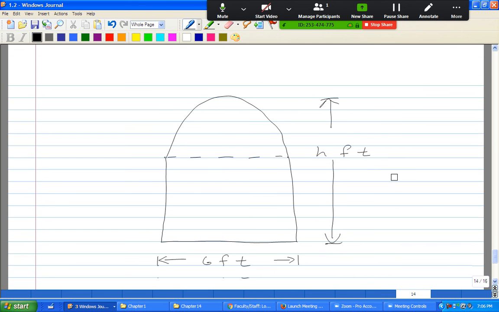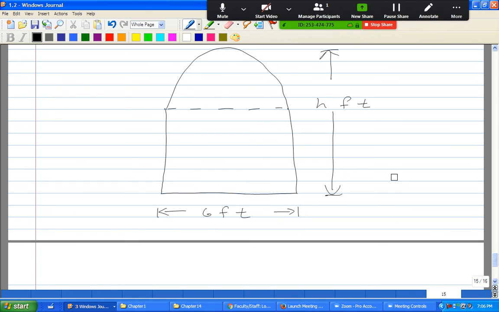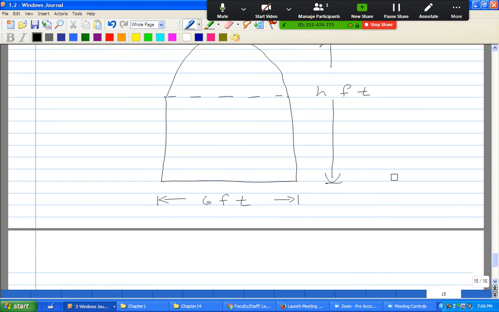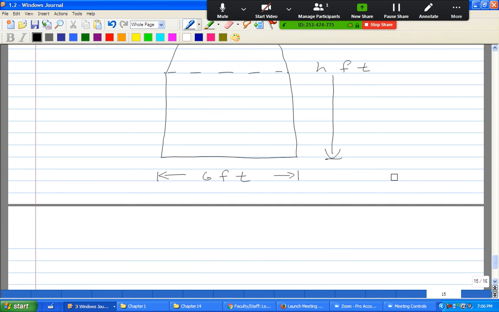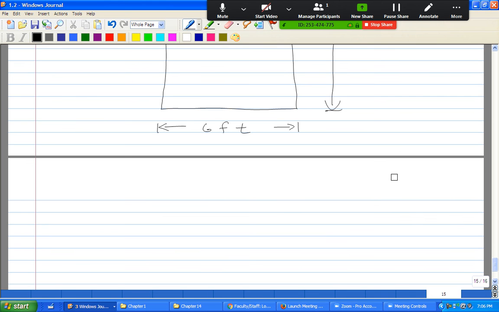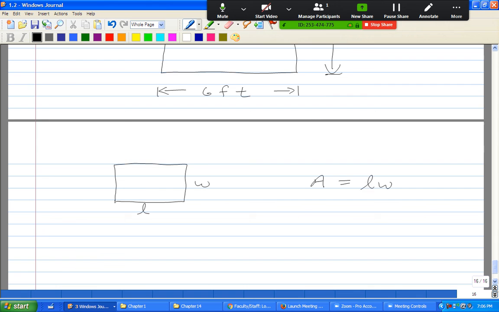And so here is my Norman window. And so it is a rectangle. And let's just recall that the area of a rectangle is length times width.